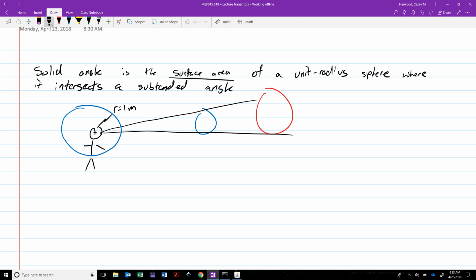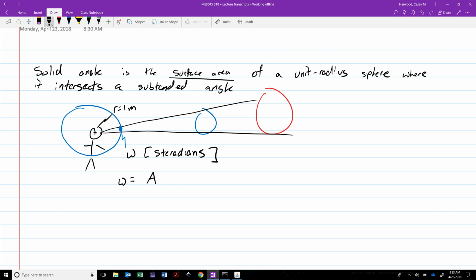But solid angle doesn't have units of surface area. Okay, this is the only thing I want to point out. So we call that omega in units of steradians. So omega is defined as the area of the silhouette of whatever it is you're looking at.